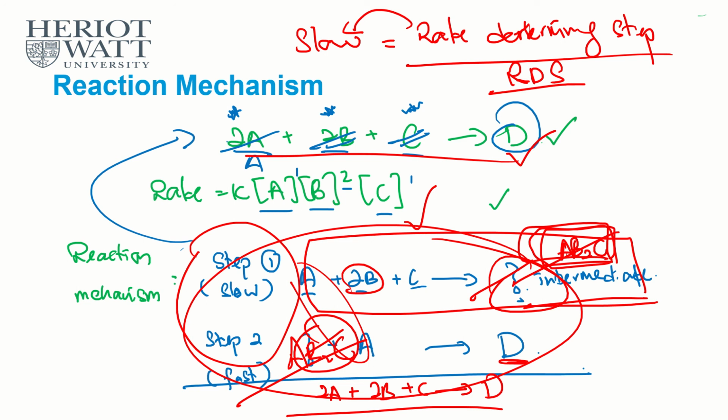It is a slow step. It takes the majority of the time from the total duration. Hence, this is a step that has a significant effect on the rate of reaction. If this step can be sped up, then the rate of reaction will be double, triple, or even higher. All right. So RDS is referring to the slow step, and the fast step, you just remember as the fast step then.